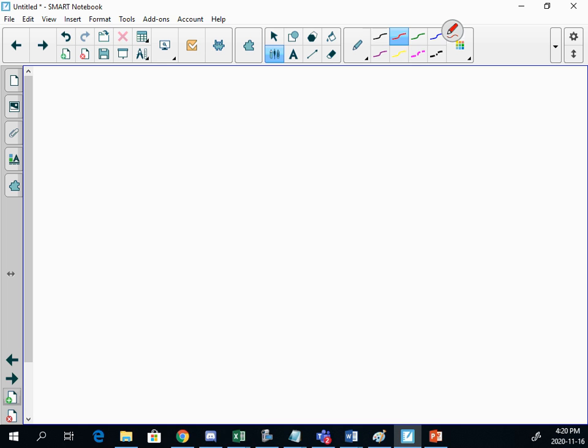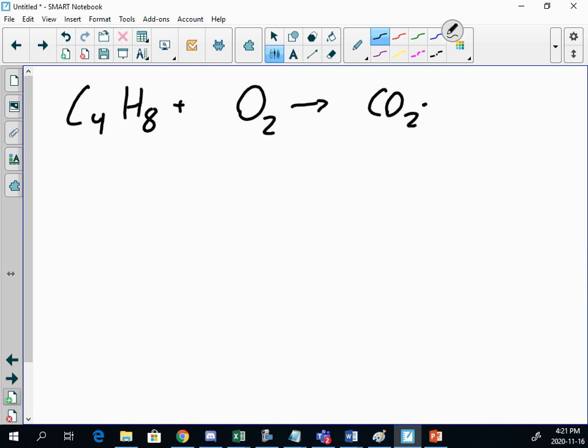So here, we wanted to look at the complete combustion of C4H8, tetracarbon octahydride. In a complete combustion reaction, we know that we react with oxygen to form carbon dioxide and water as my products. Balancing this guy is pretty straightforward. To balance 4 carbons here, I'll put a 4 here.